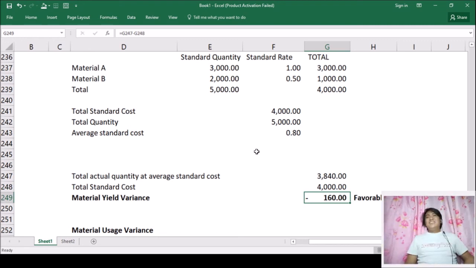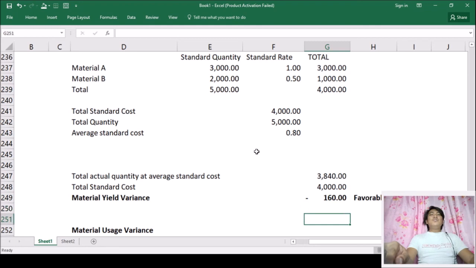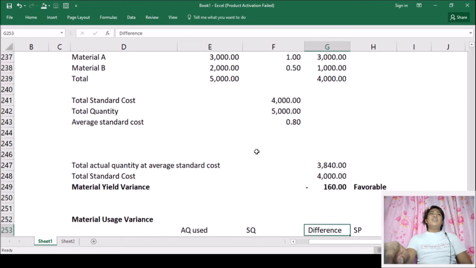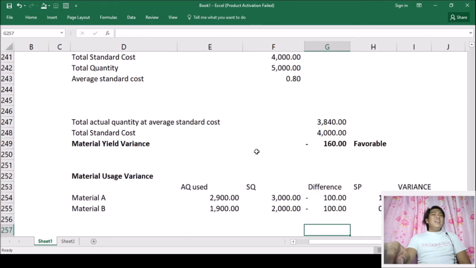So, that's it. We're done with the material mix and material yield variance. Pag labor, same procedure din. Okay. Sir, multiple products. How about if we are required to compute the material usage? If you are required to compute the material usage or quantity variance in multiple products, iisa-isahin mo lang ganito, no?